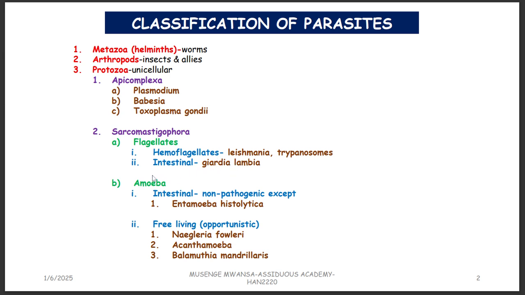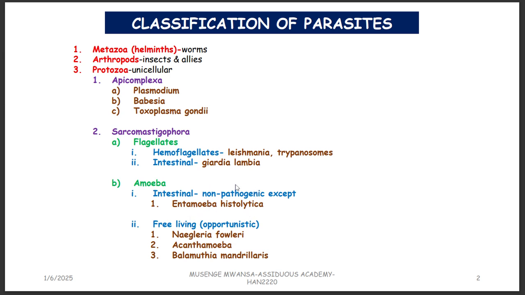Now, for the amoebas, we have those found in the intestines. Most of them are non-pathogenic, in other words, they don't cause any infection. Of all the amoebas found in the intestines, only one is of medical importance that we are going to study, and that's Entamoeba histolytica, or E. histolytica. Please don't forget that most of them are non-pathogenic.